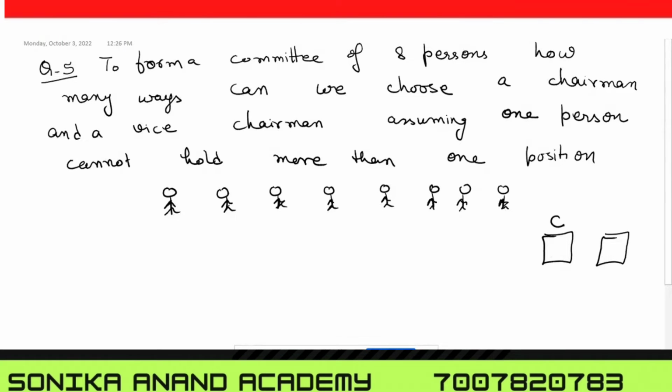Chairperson and vice chairperson, and only one person cannot sit in both the chairs. Two different persons can sit. So, what is the value of n, the number of choices? 8. And what is the value of r? 2, the boxes. So, digits are not repeated. Formula. Easy.